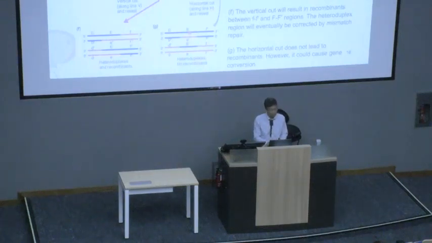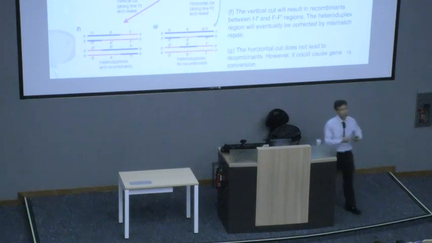For example, if the outcome becomes D, small e, F, then this allele gets changed and the big E comes down. So this heteroduplex region, once replaced, becomes big D, small e, big F. It's different from the original ones, right?